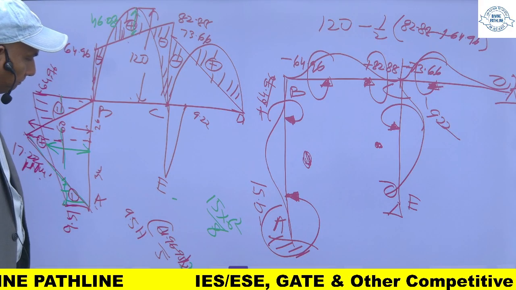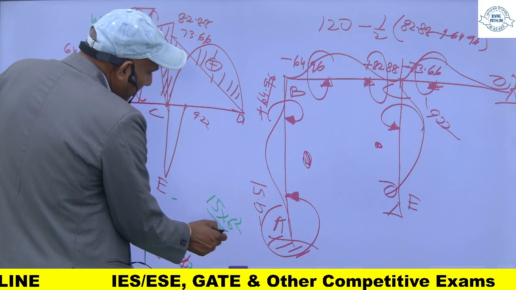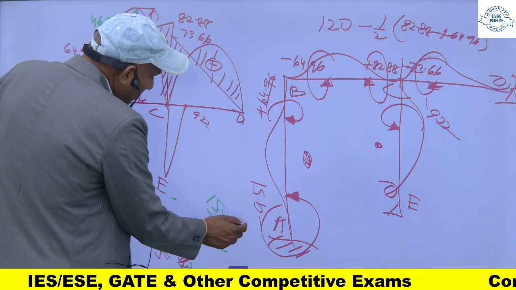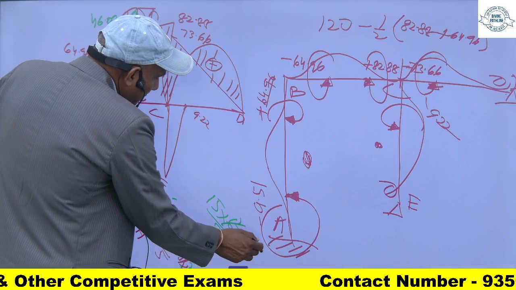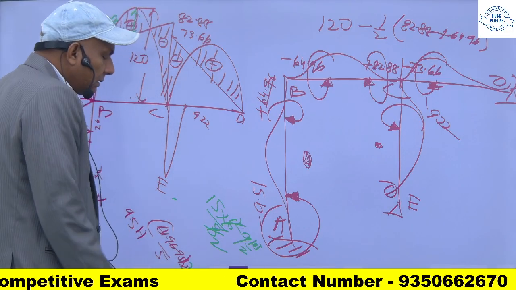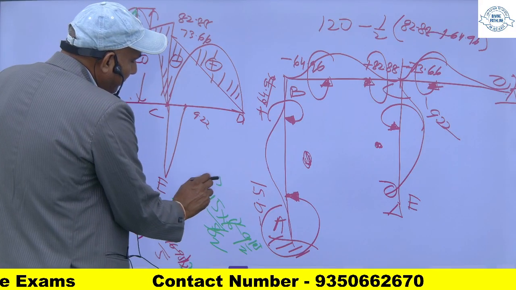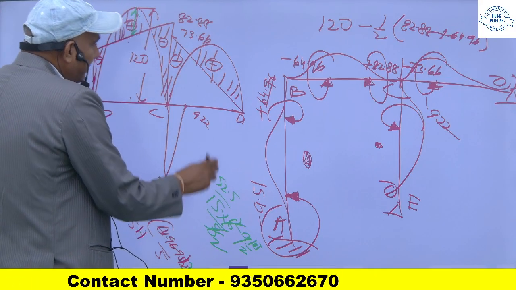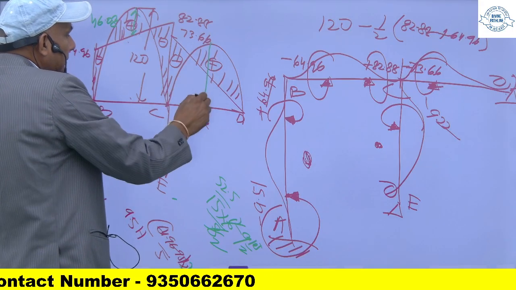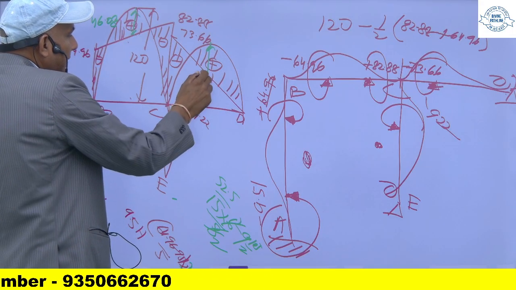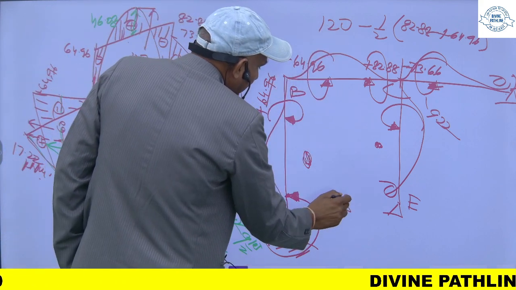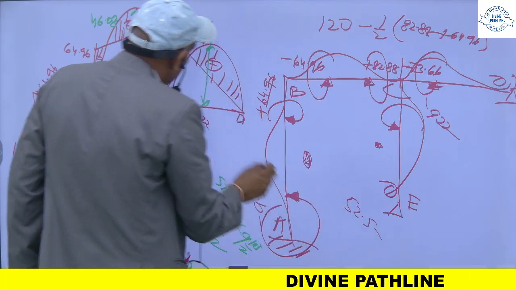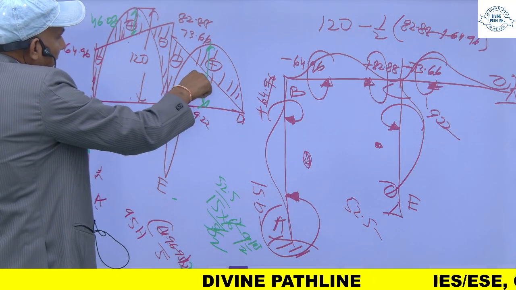So this will be 105 upon 2 means 52.5. So 52.5 is this one. So this minus this, so 52.5 sagging minus this will be half of this one.